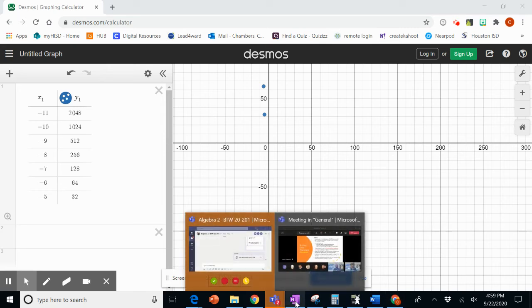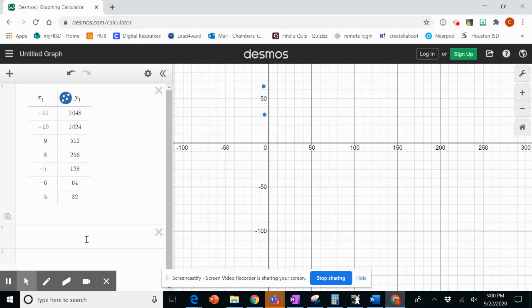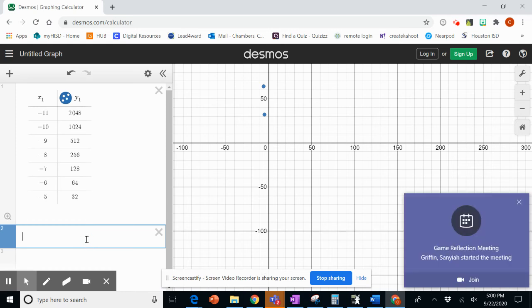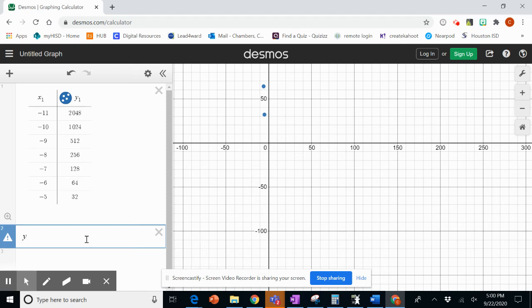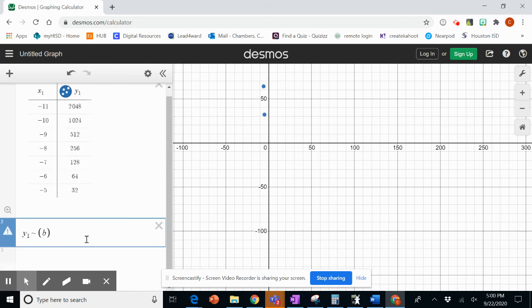All right, so now I'm going to go back to my notes. For exponential, I'm going to enter in y1 tilde b to the power of x. So let's do that and find our equation. So we have y1 tilde b to the power of x1.